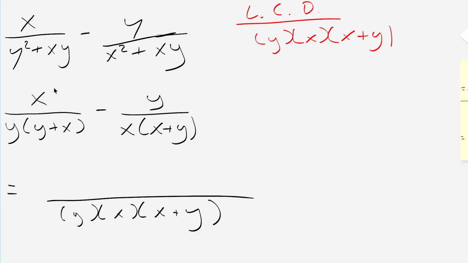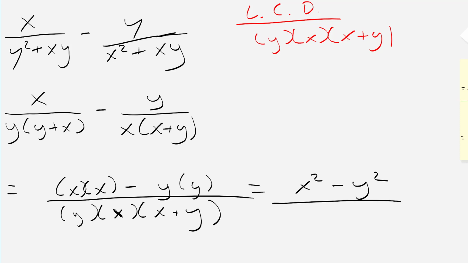Then the first fraction here, y times y plus x divides in, leaving simply this x. So we've got x times x minus y times, well, this denominator will divide in, leaving y, so y gets multiplied by y. That leaves us with x squared minus y squared over y times x plus y.